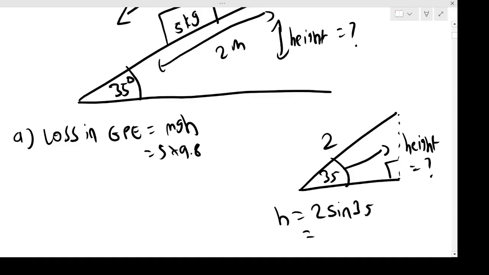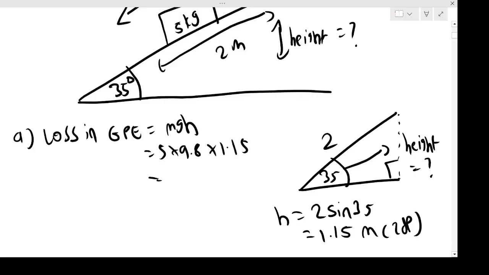If we work that out, that's 1.15 meters to 2 decimal places. That's my vertical height.